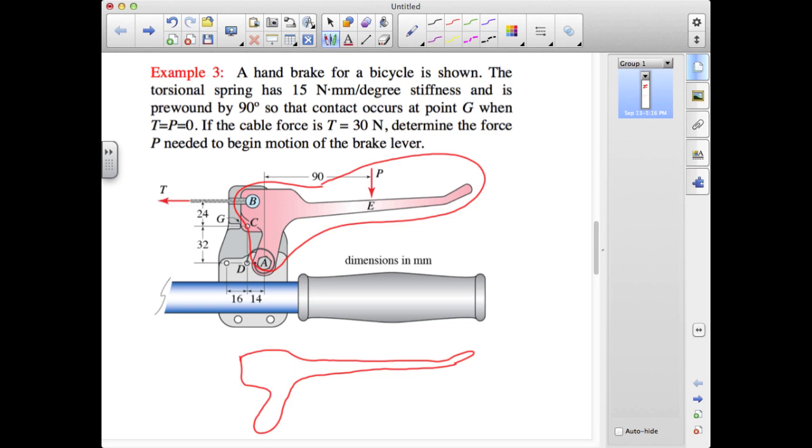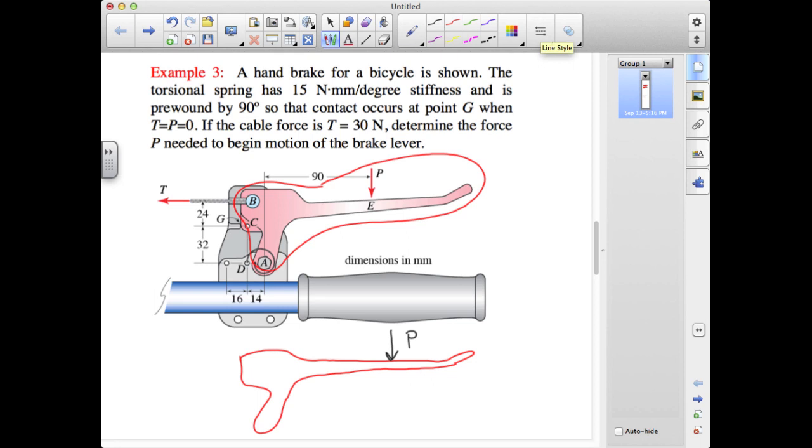So in this third example, we have almost an identical problem involving a brake handle, but instead of having a linear spring that's tending to pull the brake handle against the stop at G, we have a torsional spring acting essentially at A that's doing the same thing. So in terms of loads applied to this, we again have our force P that we're interested in.